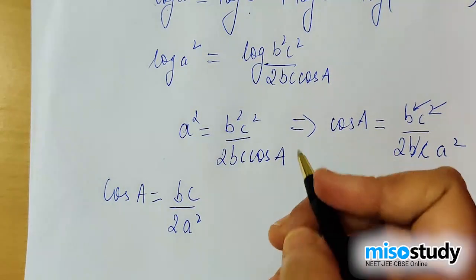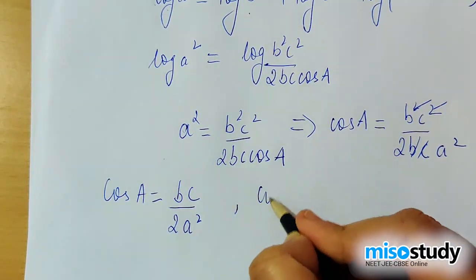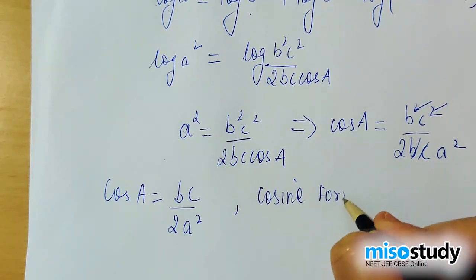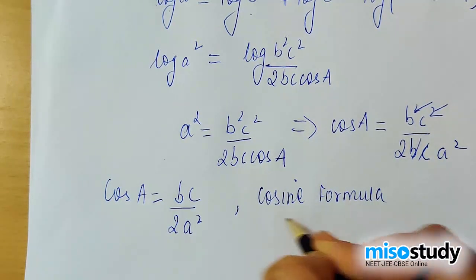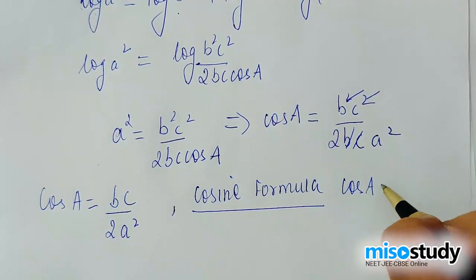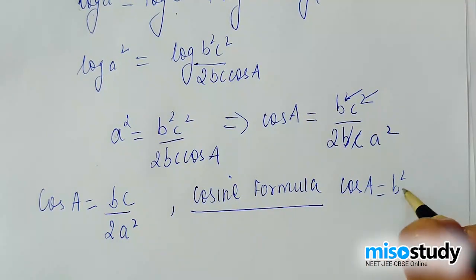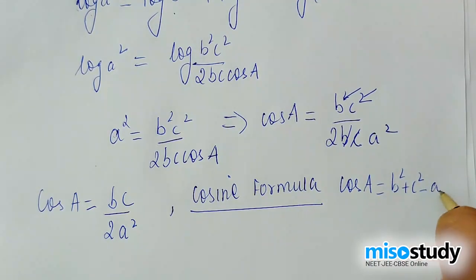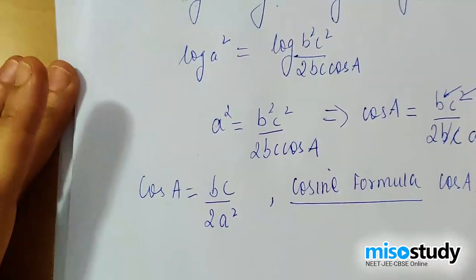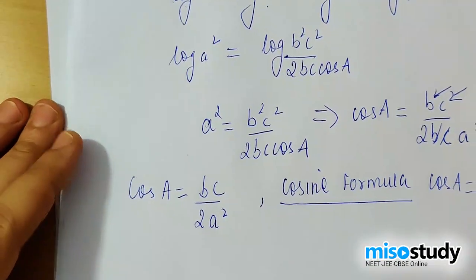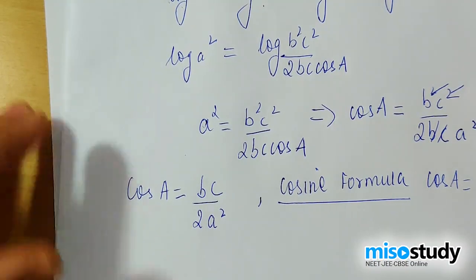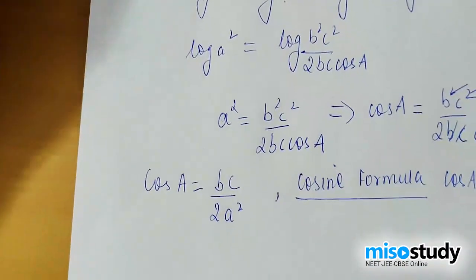Now let's use the cosine formula. I hope you remember the cosine formula, but I'll still write cos of angle A is equal to b square plus c square minus a square upon 2bc, because over here I have cos A and that needs to be eliminated because I need to find out the relationship between a, b and c in order to find out whether the triangle is isosceles, equilateral.